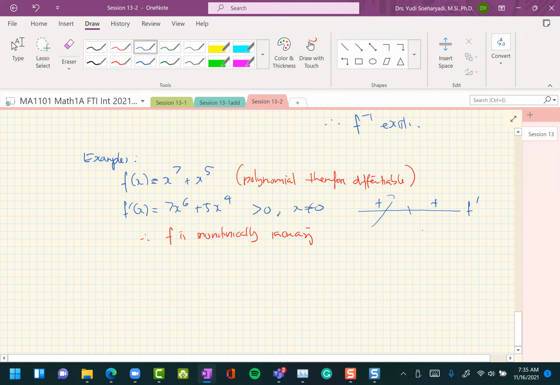So this is increasing, this is increasing. And because it's continuous, you connect them. So it's monotonically increasing. Therefore, it's injective.